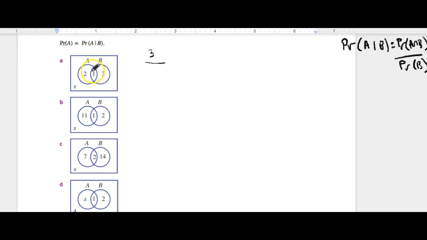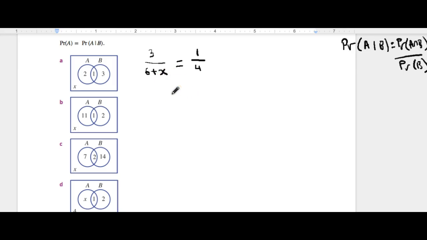So we've got 2, 3, 6 plus some number we don't know, so we write 6 plus x. Then the probability of A given B: we've got 1, that is A and B, and then the probability of B is 4. And then we just have to solve.